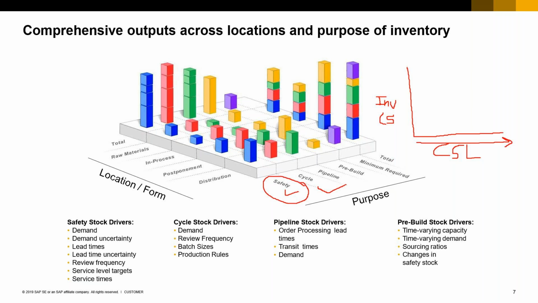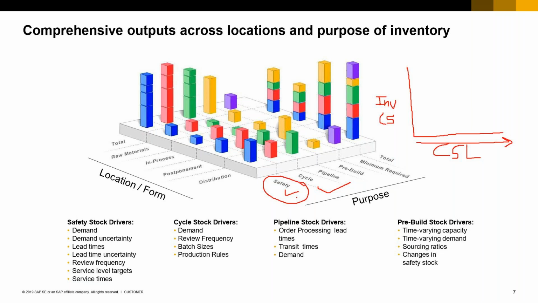Here we're only talking about the finished product, correct? I mean, the inventory will talk about only the finished product? No, you can also calculate the safety stock for even the semi-finished goods as well, or the raw components as well.